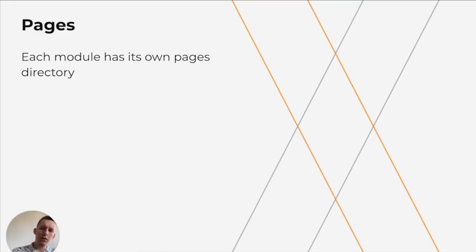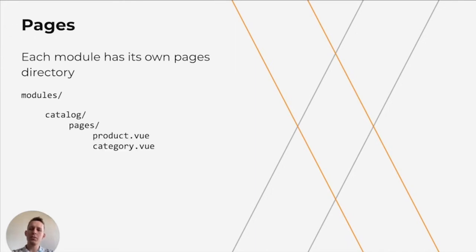So let's look at examples. I will begin with pages, which are the most basic. We have the application split into modules, and each module has its own pages directory. So I have a modules directory with a catalog module that has pages for product and category, and a checkout module that has a page for checkout.